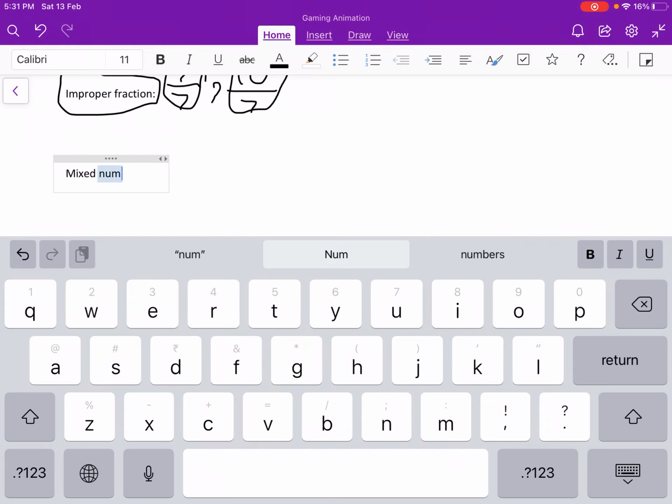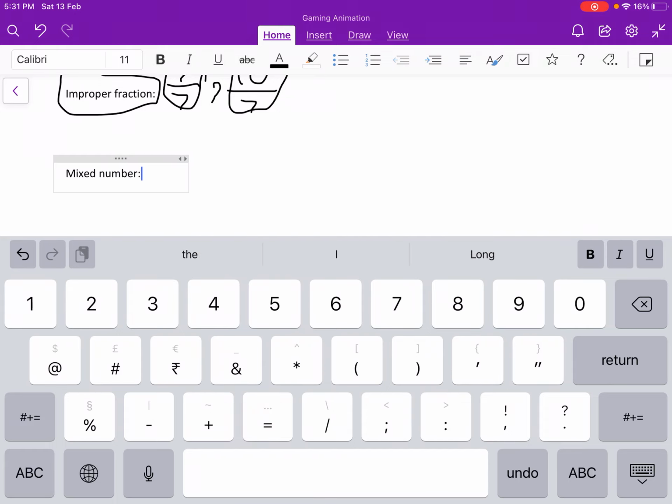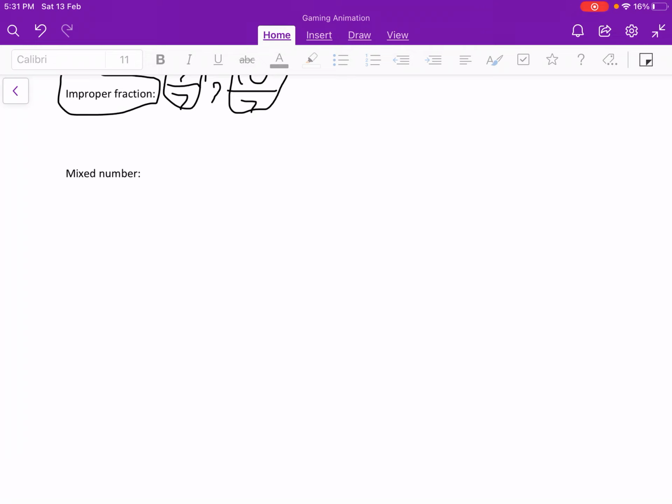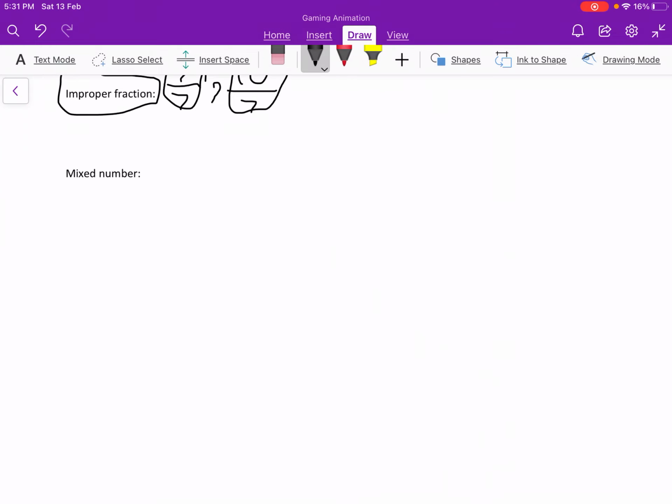So what is mixed number? It seems mixed, right? Well, it's not that hard. A mixed number is something like this. So you have a fraction here, right? But is this a mixed number? No. You put something over here, which is a 5.